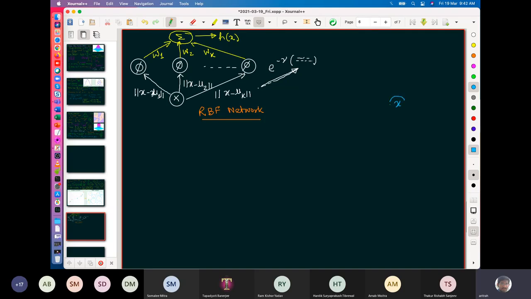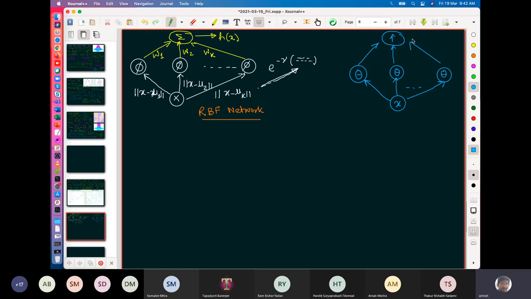Let's say a two-layer neural network, X, there is a nonlinear transformation theta. There is a nonlinear transformation theta. All of them come with the weights, and finally I have a composition layer.